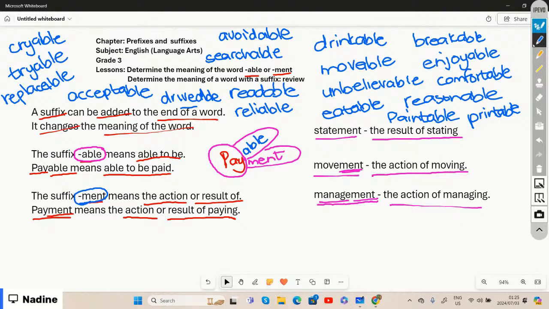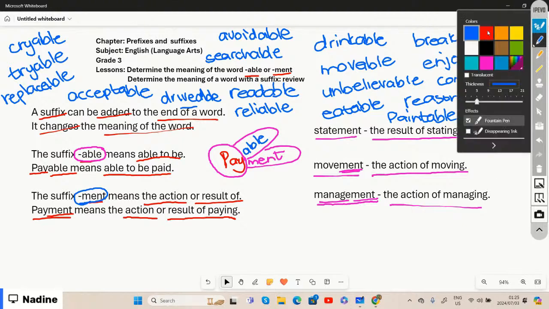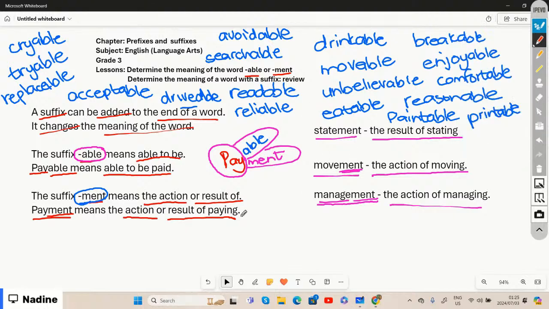Like if we were to think of maybe a word with ment, we can think of enjoyment, yes. We have fulfillment. I'm not sure if I'm spelling it correctly. Entertainment, yes, well done.